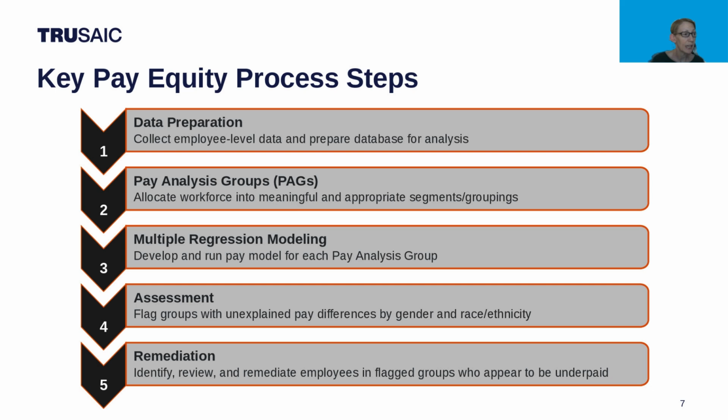So for example, if you find out that a fairly sizable portion of the individuals that you flagged as potentially underpaid are underpaid because they don't have a particular skill or a particular certification that their peers have, that is information that you may want to begin tracking going forward. So that's an important part of the remediation process: determining who should and should not receive an adjustment, and also tracking why, information that you might want to start collecting in the future that you can then incorporate into a future pay equity analysis.